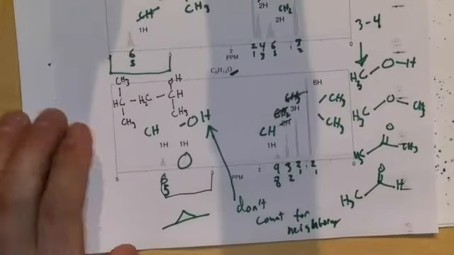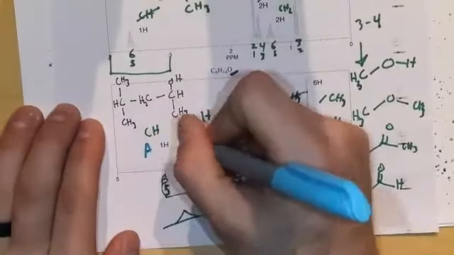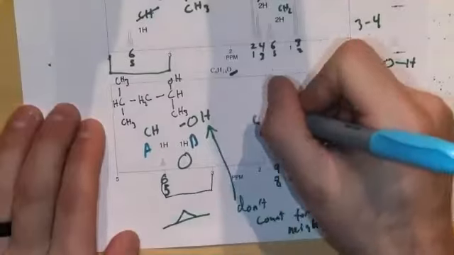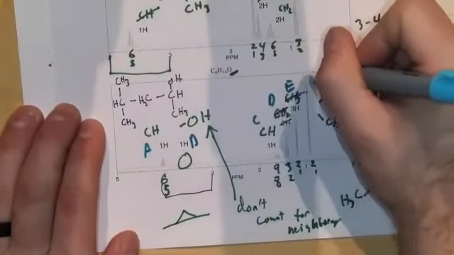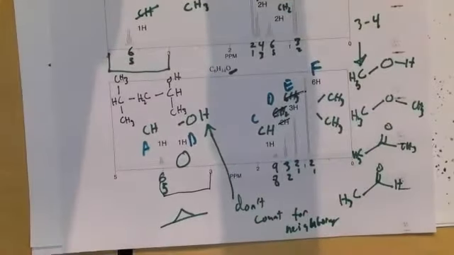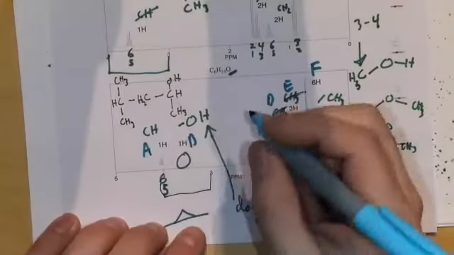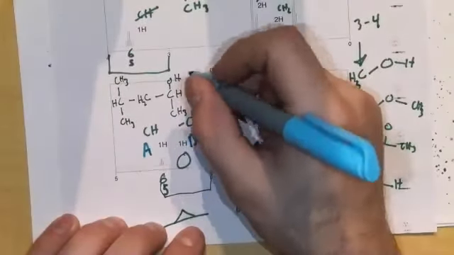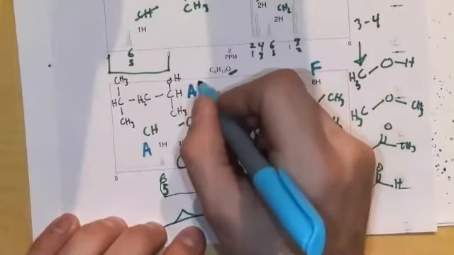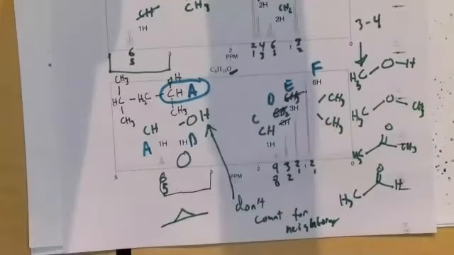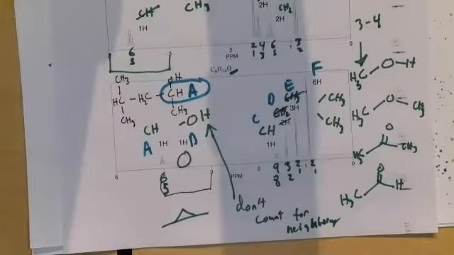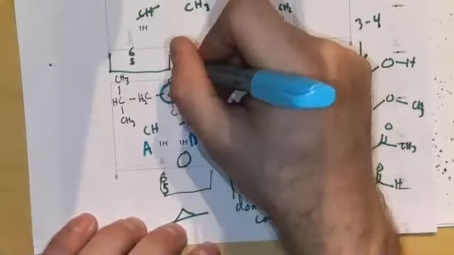I'm going to go through and label them. So A, B, C, D, E, F here. A is going to be our CH that has this OH attached to it. B is the OH.